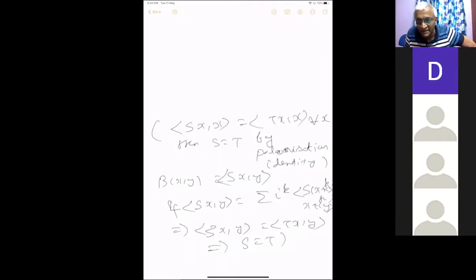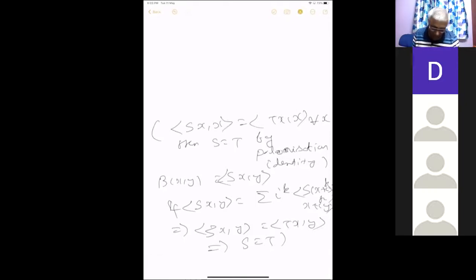This is because the linear functionals separate points in a Hilbert space, in any Banach space, and here the linear functionals are given by the inner product. So Sx equals Tx for all x, that means S equals T. That follows if <Sx,x> equals <Tx,x>. This is what is called a quadratic form.